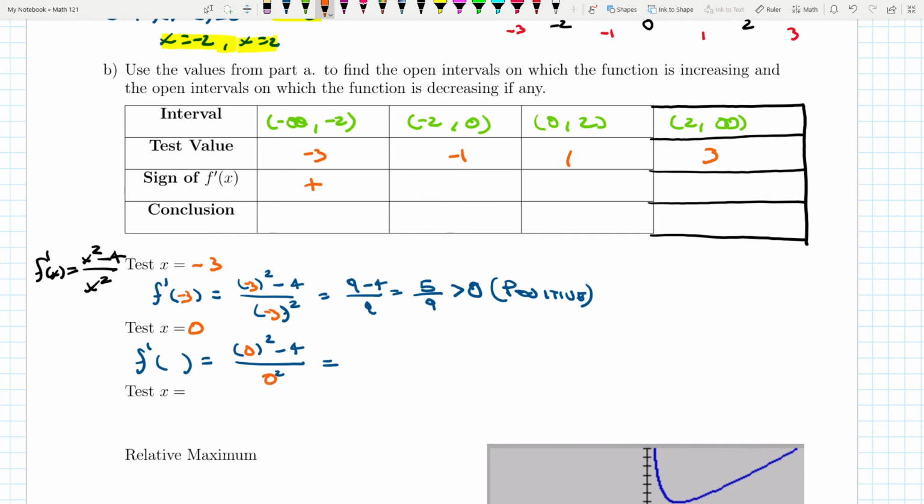Well, that's 0 minus 4, that's negative 4. Well, you know what? Unfortunately, it's not 0. It's supposed to be negative 1. Never mind. Negative 1, not 0. 0 is actually the critical number.